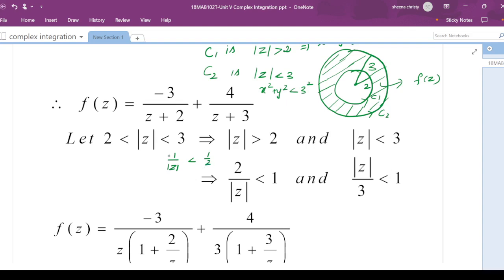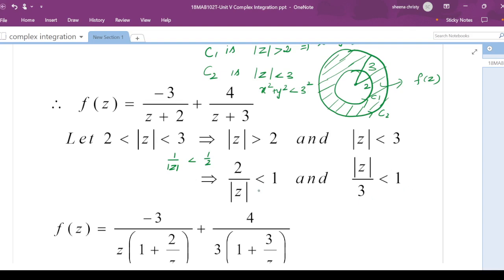By bringing this 2 to the numerator, you will get 2 by mod z is less than 1. Here you have the annular region mod z less than 3. To bring this to the mod z less than 1 form, you have to bring this 3 to the denominator. So modulus of z by 3 is less than 1.